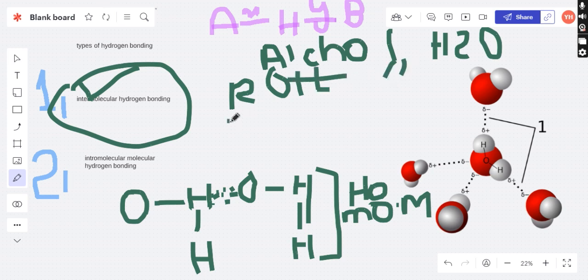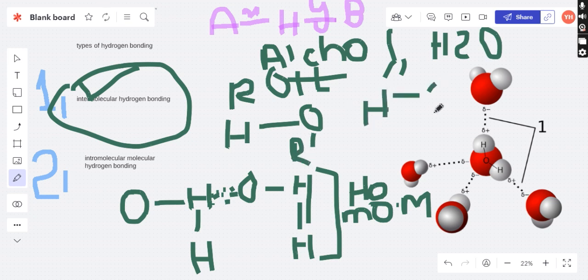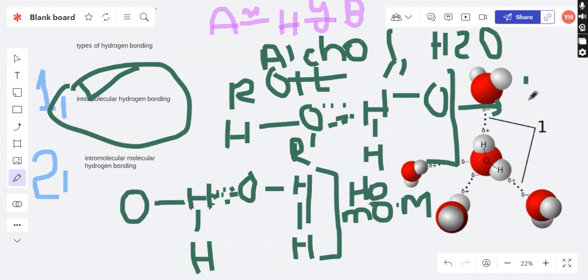ROH is something like this: H, O, R, then H, O, H. So this bond between the oxygen of alcohol and the hydrogen of water is a hydrogen bond, and this is known as a heteromolecule.